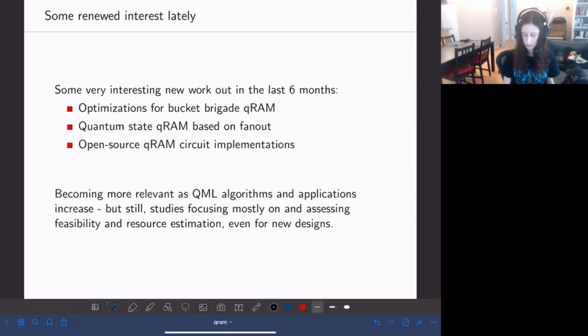Extremely recently, just last month, people have designed a qRAM that can store quantum states and query those quantum states using simultaneous fan-outs. A lot of this is happening as QML, or quantum machine learning, comes more into the mainstream, because it's an important problem for QML to be able to do this efficiently. But again, we still are really not sure if it could be done efficiently in the fault-tolerant setting. So a lot of the work still being done is on designing these circuits and doing the resource estimation.